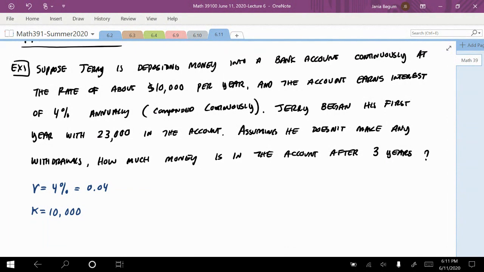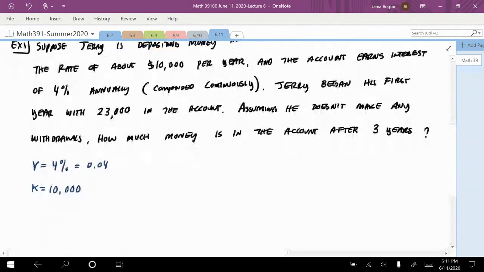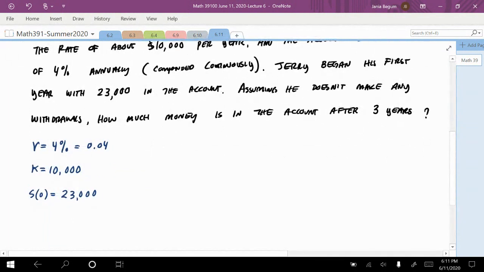He's starting with 23,000, so we can say S of 0 is equal to 23,000. He doesn't make any withdrawal, and we want to know how much money he will have in 3 years. So we want to know what is the amount in 3 years. That's the kind of model you want to set up.